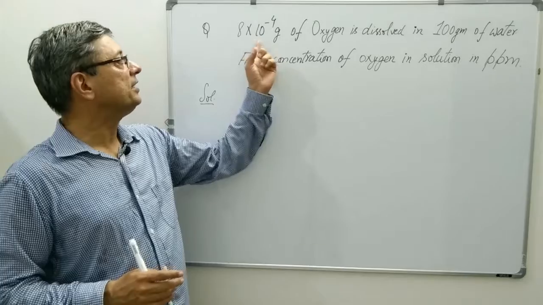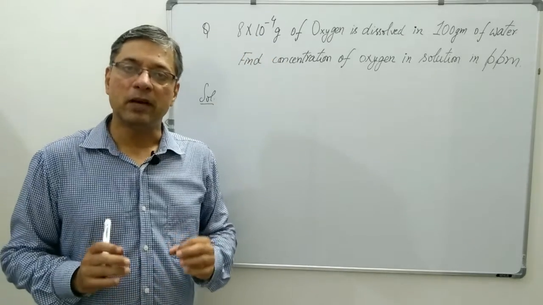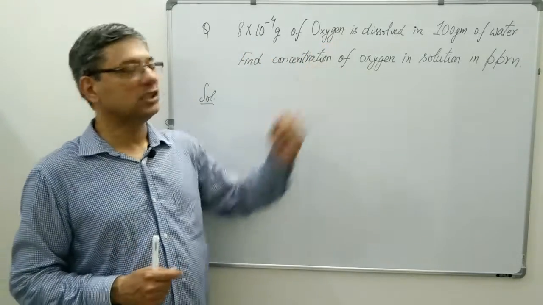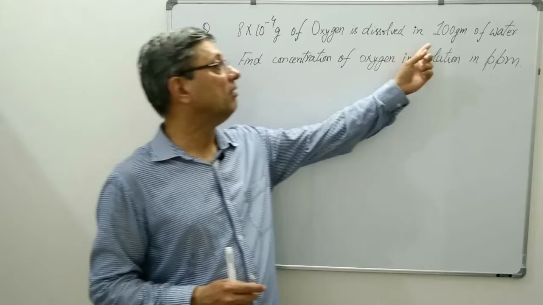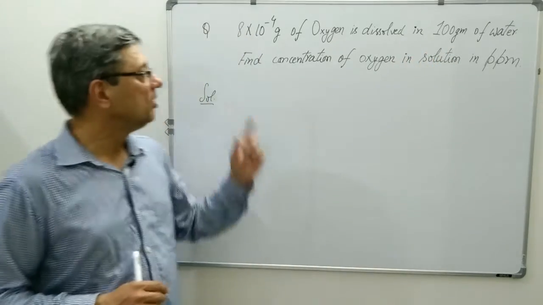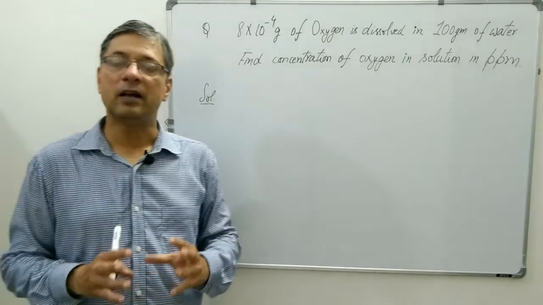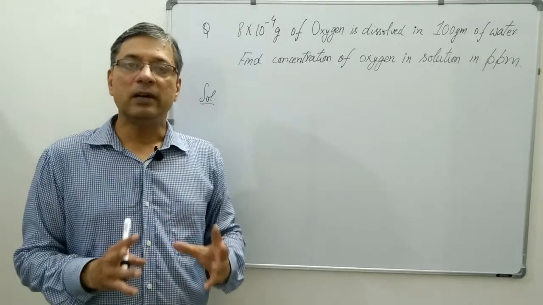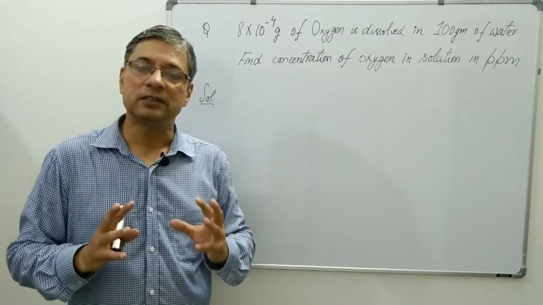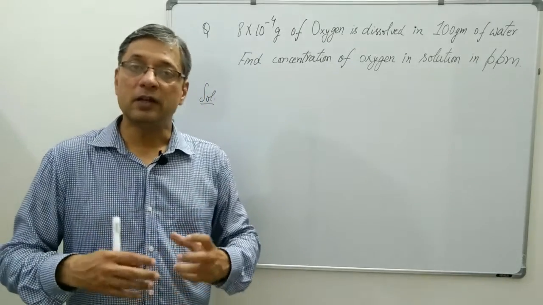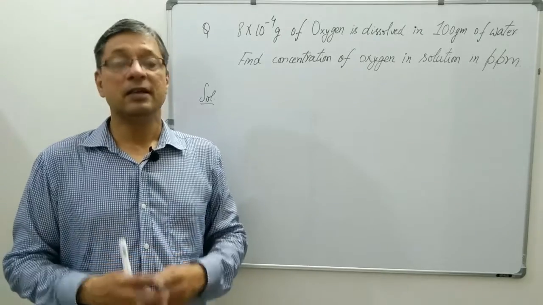Question says 8 into 10 to the power minus 4 grams of oxygen is dissolved in 100 grams of water. Find concentration of oxygen in solution in parts per million. Going by the definition of parts per million, we can convert it into grams.